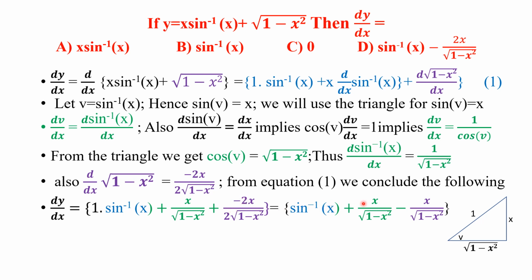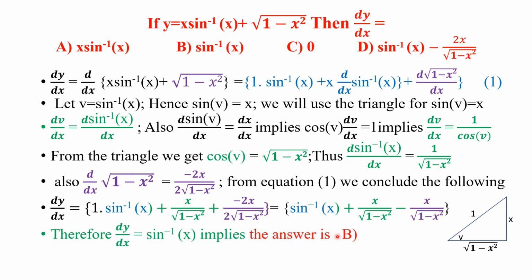So we have in green x divided by square root of 1 minus x squared, minus, in purple, x divided by square root of 1 minus x squared. So we can see that these two will cancel each other, and in the end dy by dx will be equal to sine inverse of x. And that is option number B.